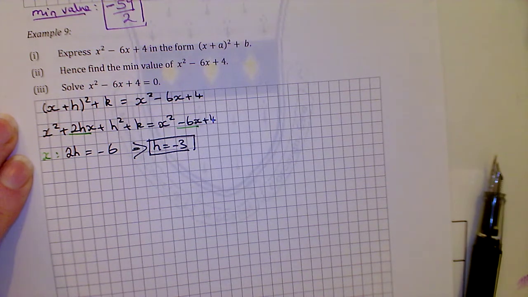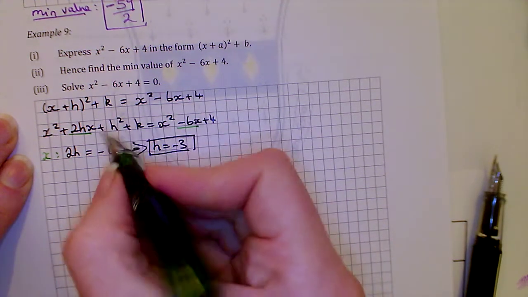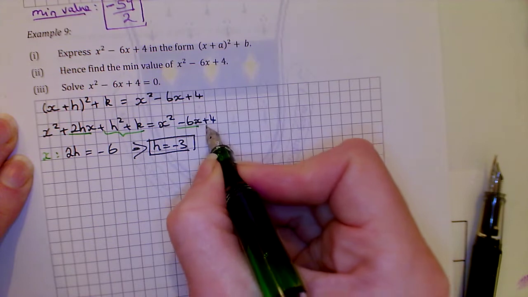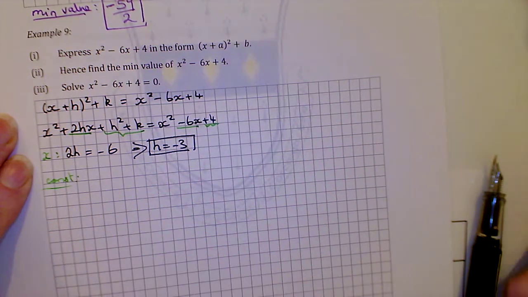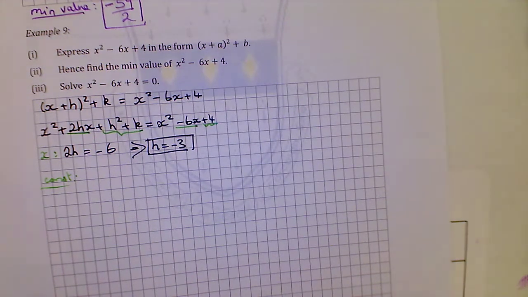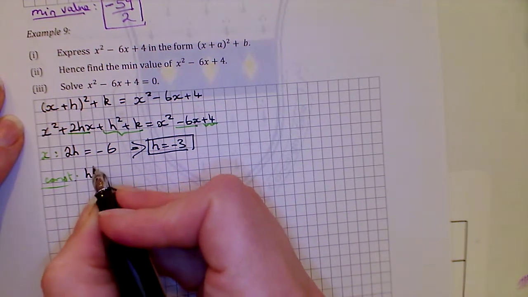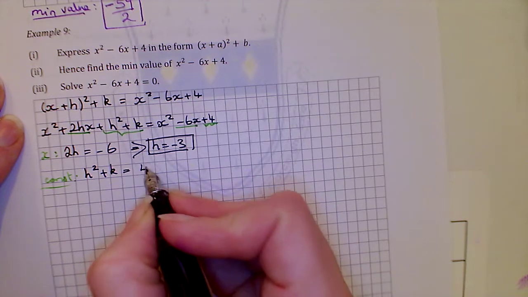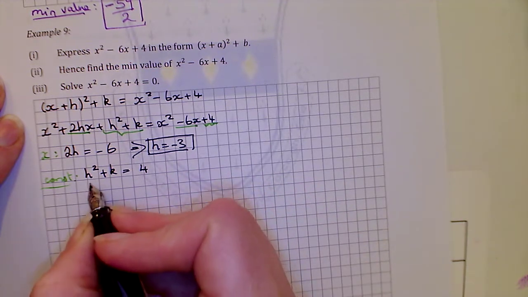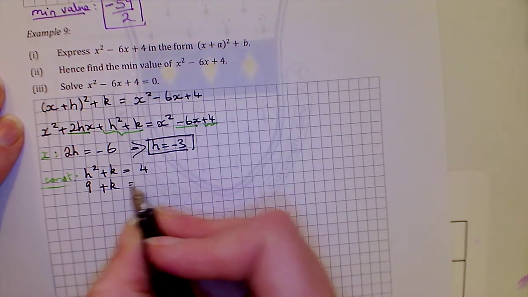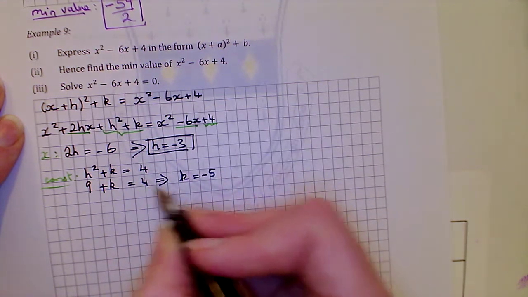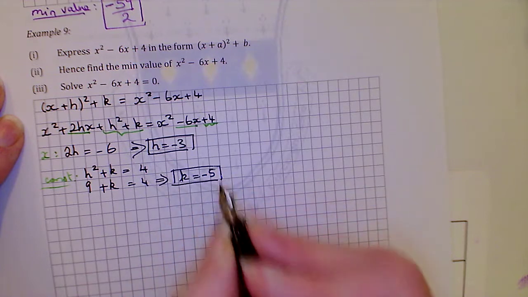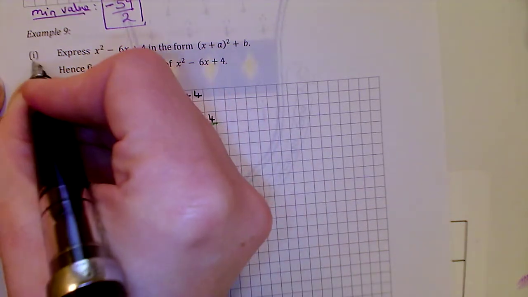The constant terms then, everything that doesn't have an x, that full expression there. So my constant tells me that h squared plus k is equal to 4, and of course we know h is minus 3, so h squared is 9. 9 plus k is 4, which means that k is minus 5. And therefore, I can do part 1.